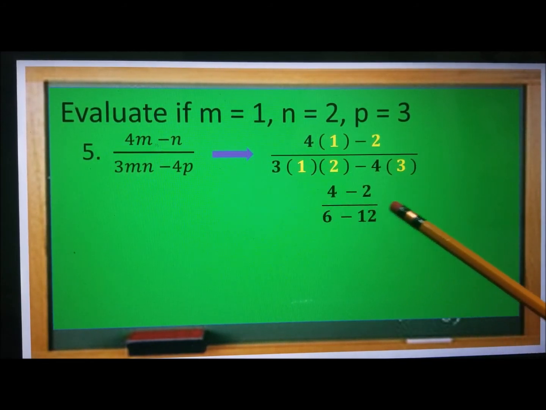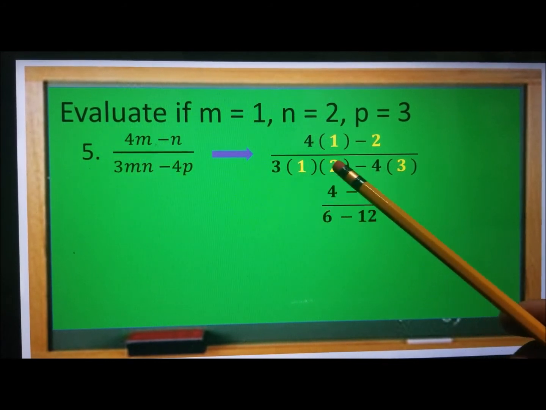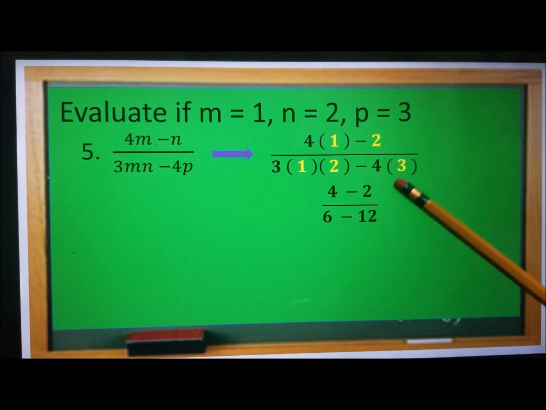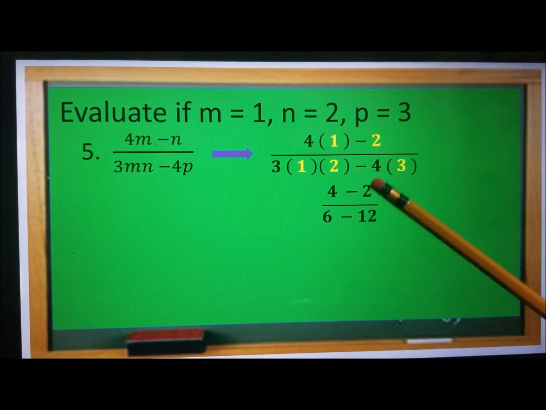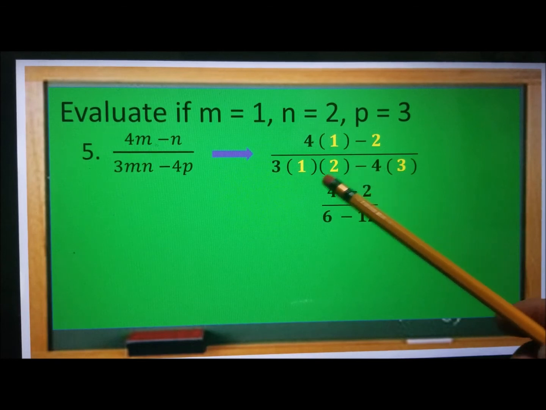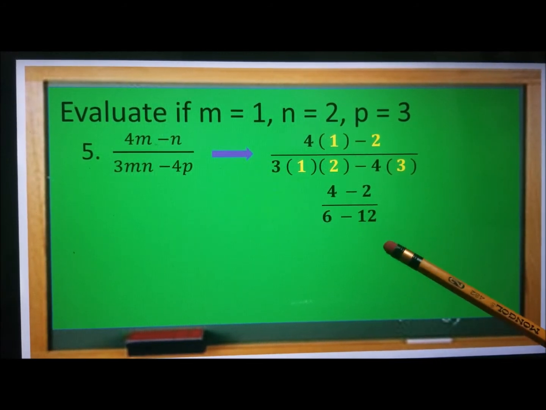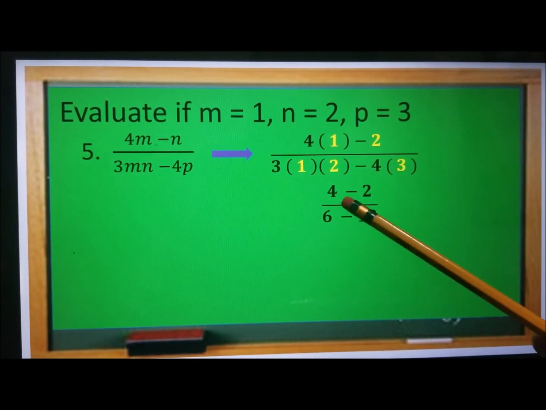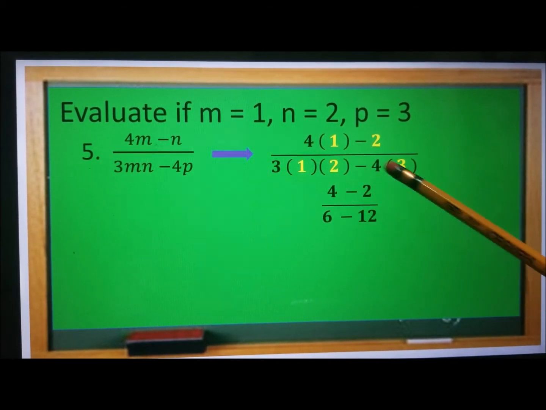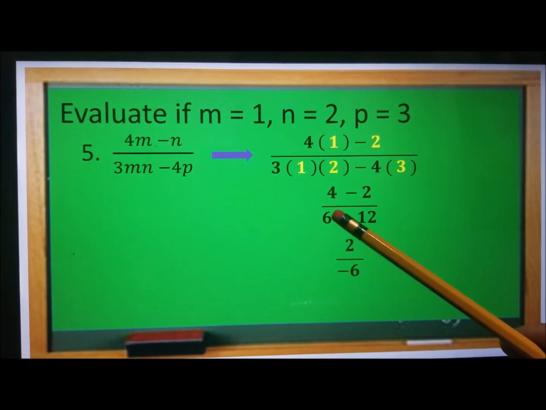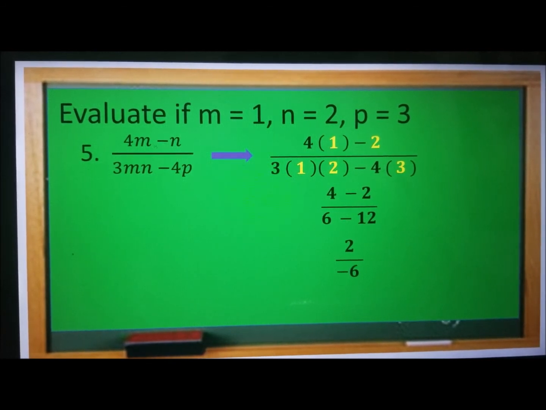Then in the denominator, let's have 3 times 1 times 2, which is 6, minus 4 times 3, which is 12. The resulting expression now would have 4 minus 2 in the numerator and 6 minus 12 in the denominator. Subtracting them, we'll have 4 minus 2, that would be 2, and 6 minus 12, that would be negative 6.